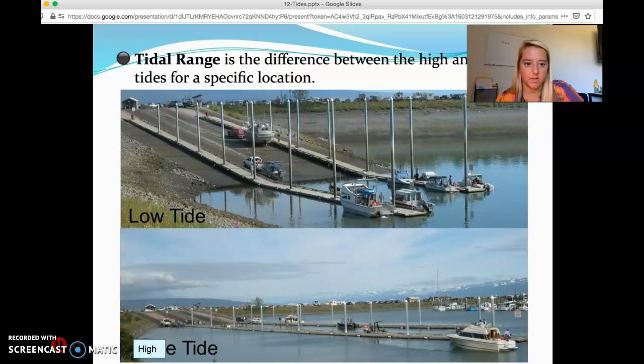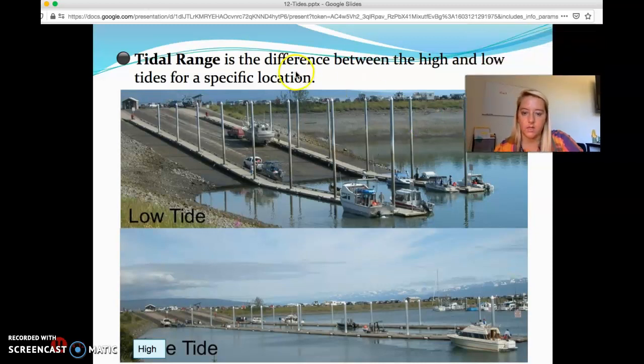Our tidal range, let me move my face real quick, is the difference between the high and low tide for a specific location. So this might have a, let's see, my estimate for measurements is not always the best, but I would say that is probably about, so let's see, that's a truck right there.